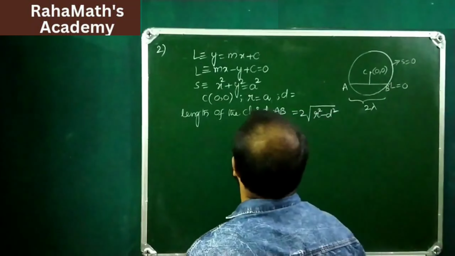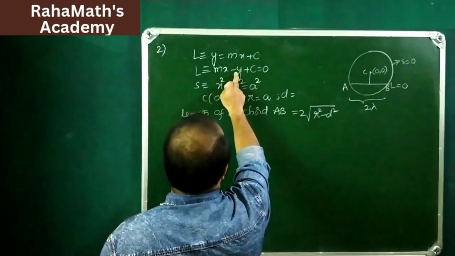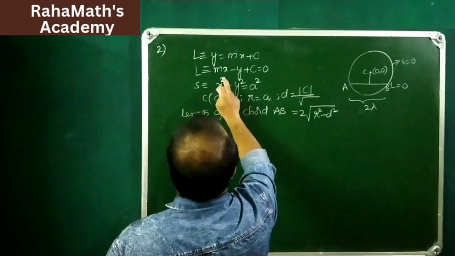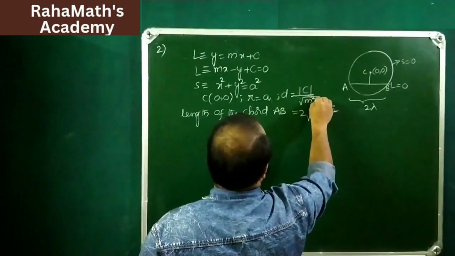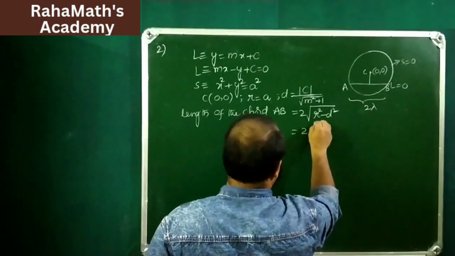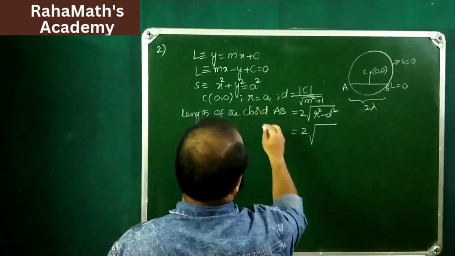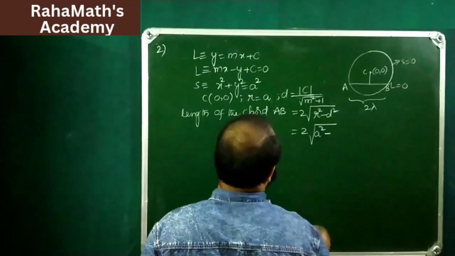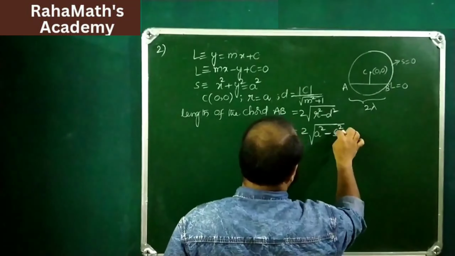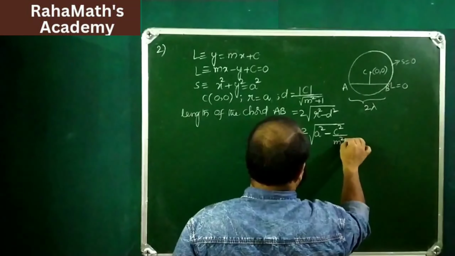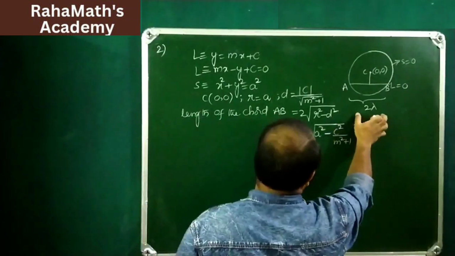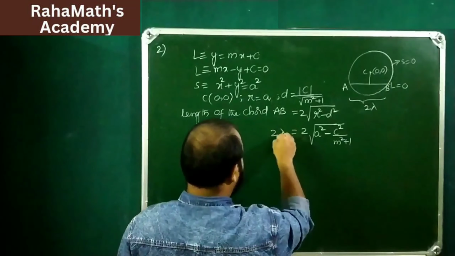So that means m into 0 minus 0 plus c, by the square root of m squared plus 1. So that means 2 root of a squared minus d squared is c squared by m squared plus 1. But given the length of the chord AB is equal to 2 lambda.